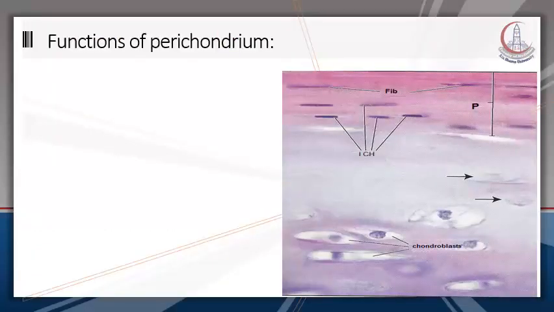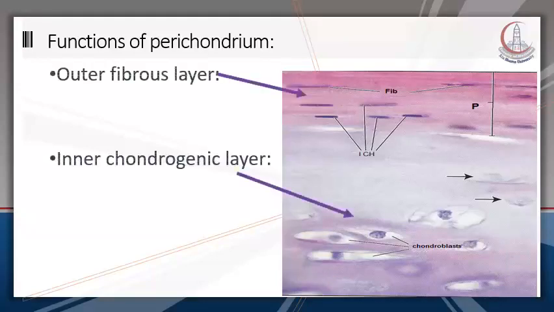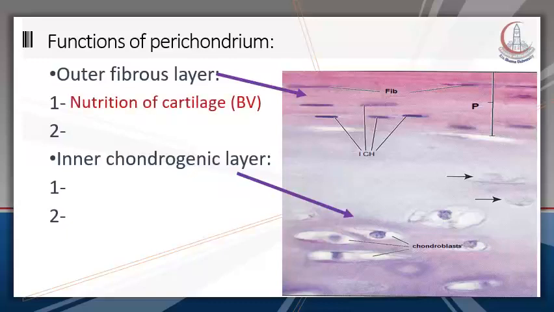If we want to ask about the functions of the perichondrium, we will ask about the different function of every layer. The outer fibrous layer has two functions, and the inner chondrogenic layer also has its own function. The outer fibrous layer, as we said, is formed of dense collagen fiber containing blood vessels. So the main function of this layer is to provide nutrition for the cartilage. We said at the beginning that the cartilage is a type of connective tissue that is avascular and does not contain blood vessels.